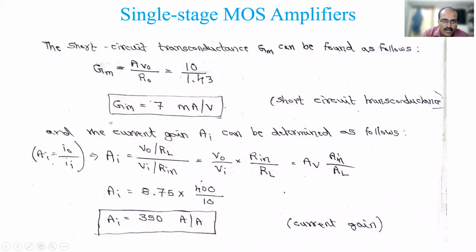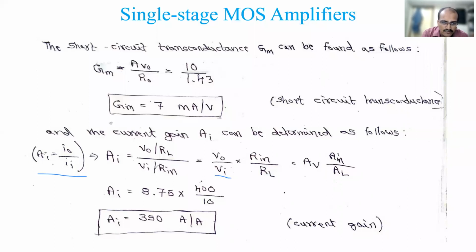AI is equal to I naught by II. I naught is given as V naught by RL from Ohm's law, the output voltage by resistance RL. Similarly, input current is given as input voltage by input resistance RIN. Both are the load connection case. From this we can write a new relation. This numerator and this denominator we can club: V naught by VI you will get.